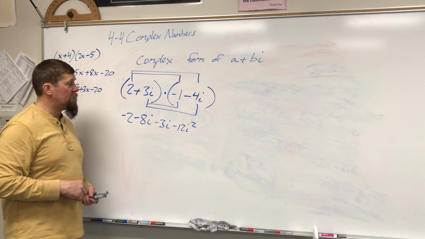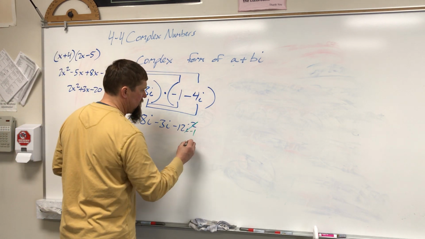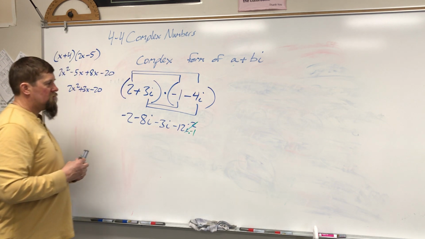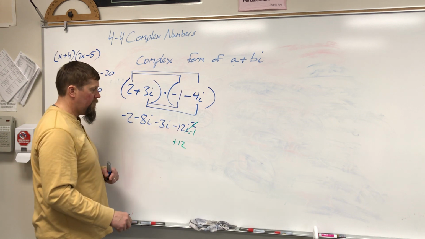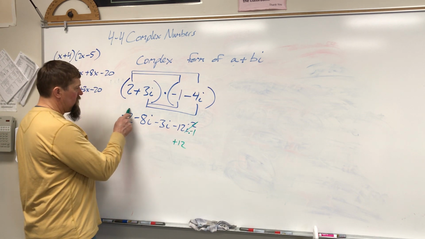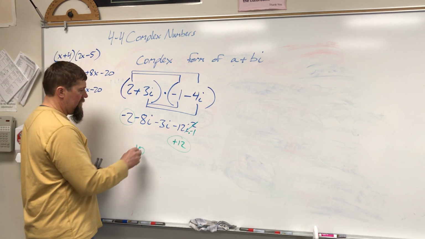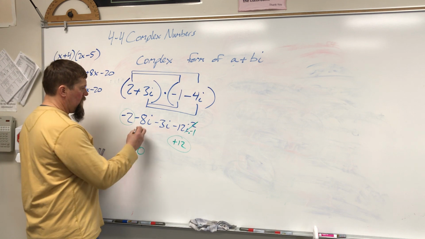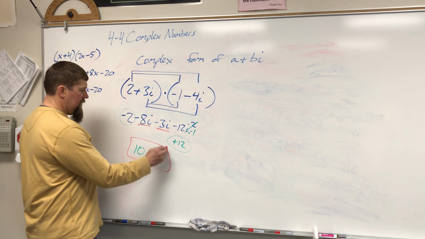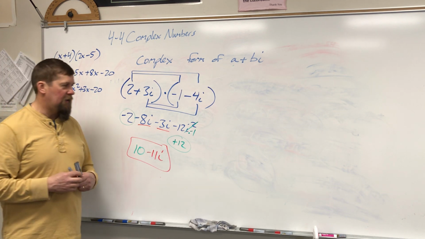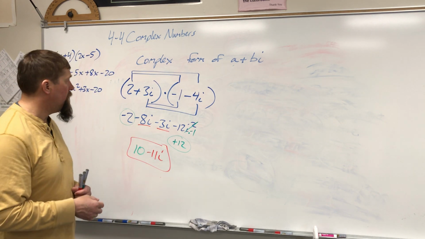Now remember, when we multiplied pure imaginary numbers, the i squared was the same as -1. So that makes this plus 12, because it's -12 times -1. So now I'm going to add the real parts, which is 10. I'm going to add the imaginary parts, which is -11i, and so there's my complex number, 10 minus 11i. Remember, all answers can be written in complex form.